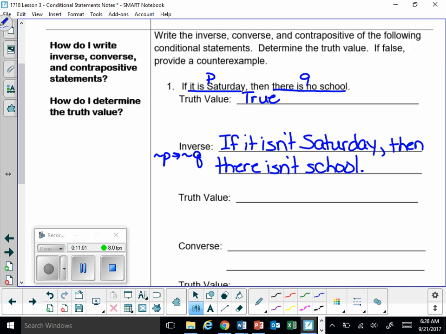If it isn't Saturday, then there isn't school. The truth value here is false. What about Sundays? Right? We have a 2-day weekend. There's no school on Sunday.